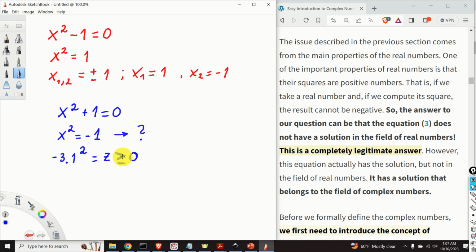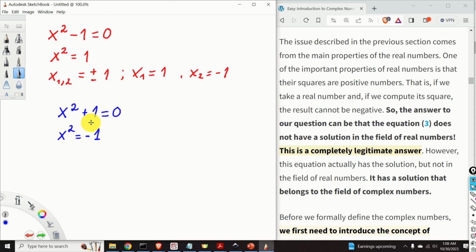So the answer to our question can be the following one. This equation doesn't have the solution in the field of real numbers. That is, we cannot find a real number x that will satisfy this equation. And this is completely correct answer.